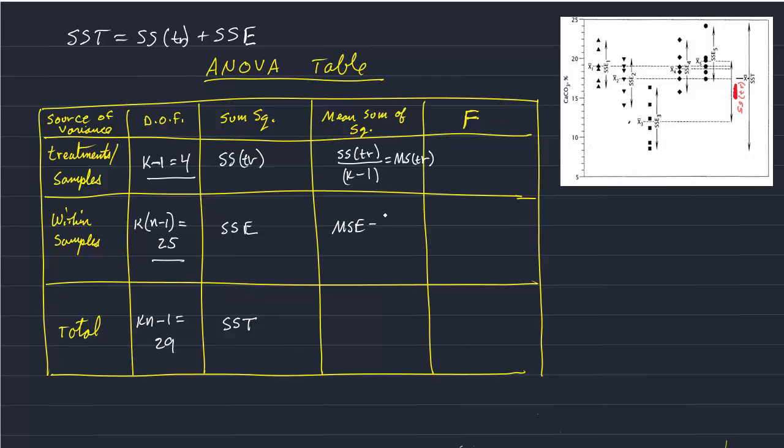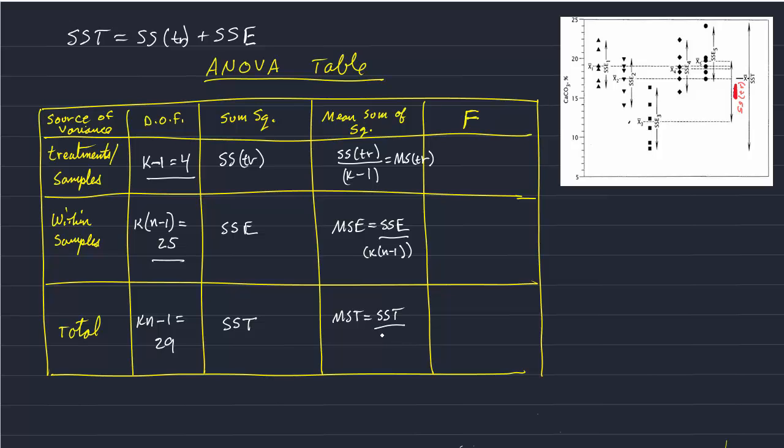MSE is simply SSE divided by the number of degrees of freedom associated with each measurement within each sample. And then the total would be MST.